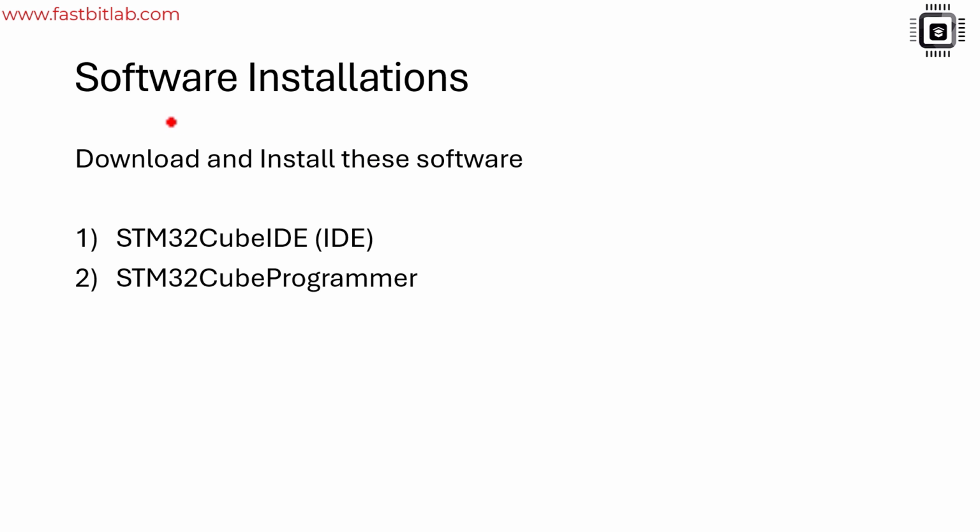Now let's do some software installations. You have to download and install this software. The first one is the primary IDE for this course, that is STM32 Cube IDE. This is an all-in-one IDE using which you can write code, compile, debug, flash the executable onto the target, and do so many things.